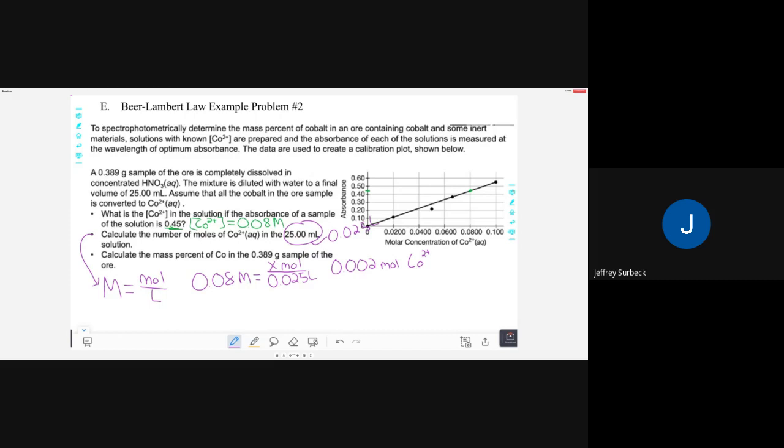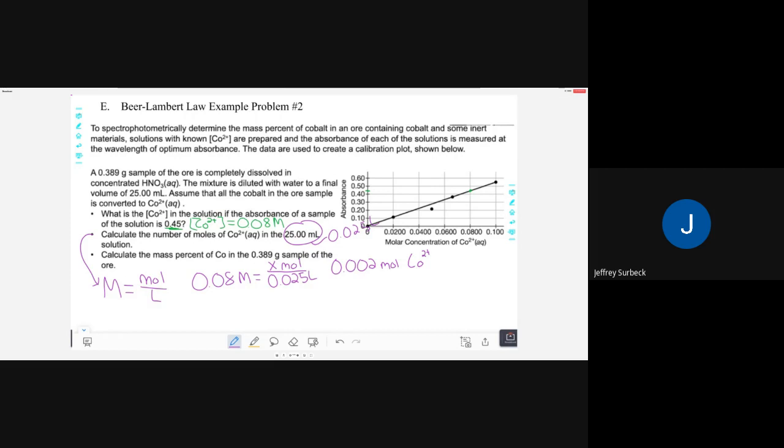Okay. So our last value here is this. We want to be able to calculate the mass percent of cobalt in our 0.389 sample. Okay. 0.389 grams, it's not a pure substance. There's some cobalt, but there's some other stuff in it. So we want to know how many moles of cobalt are in there.